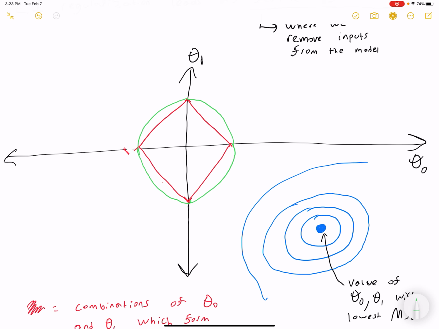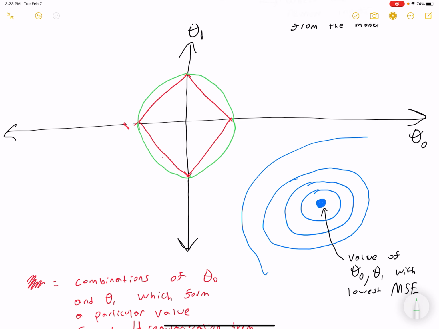And it doesn't have to equal 1. I'm just drawing all the places where the regularization term has the same value.